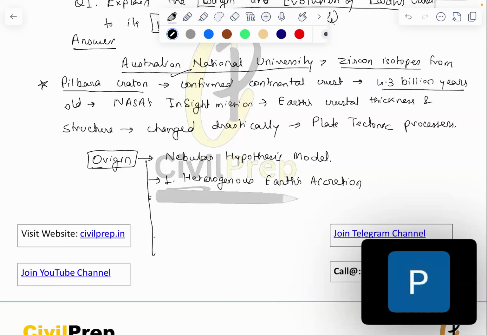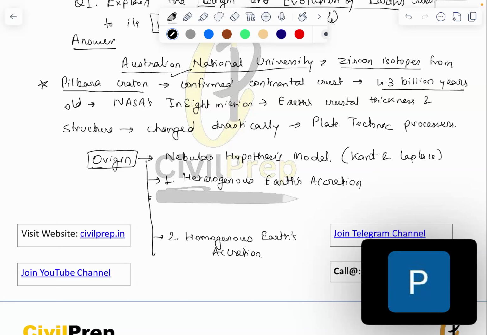And number two, homogeneous Earth's accretion. In the first part, this model was provided by Kant and Laplace.